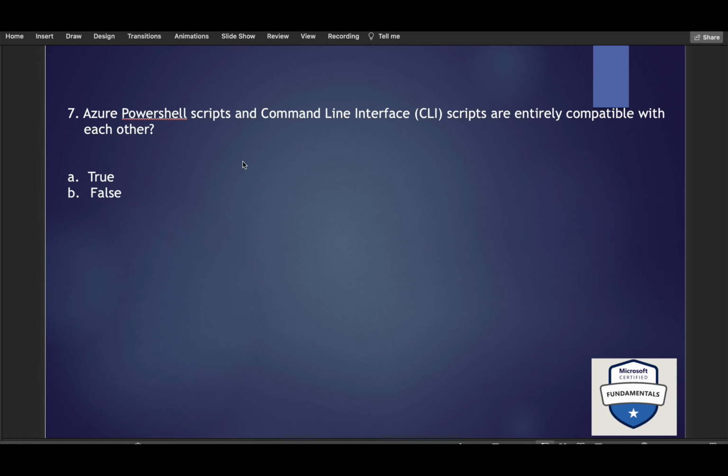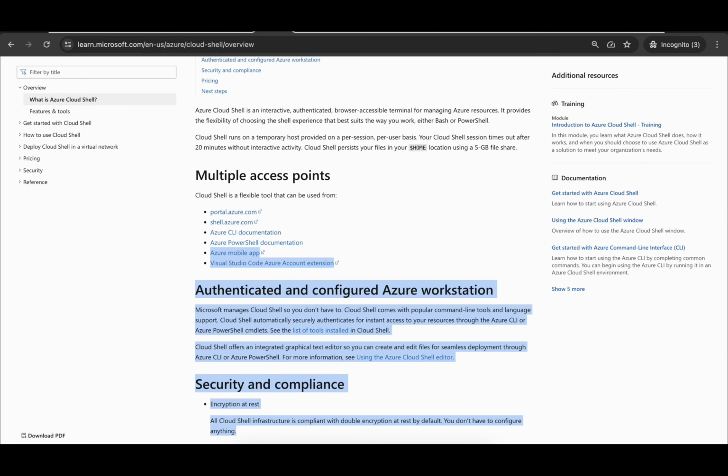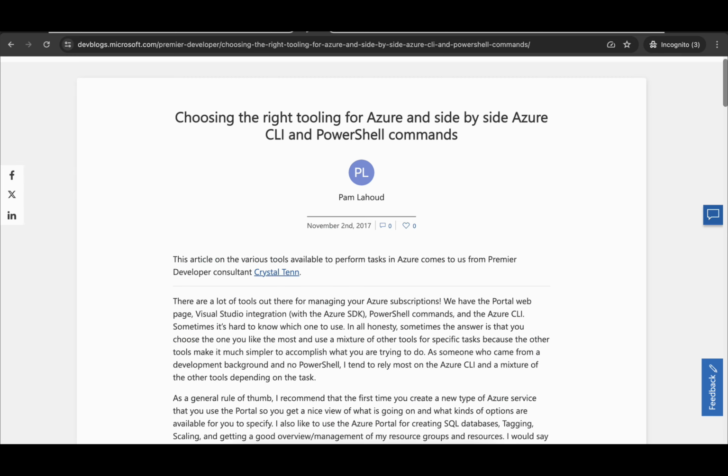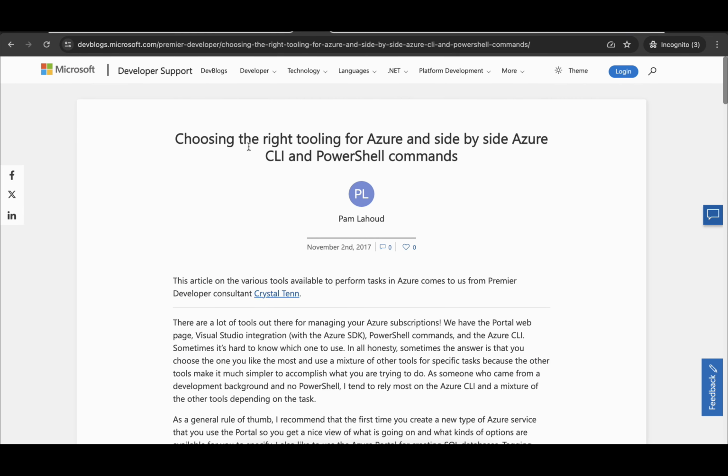Now, Azure PowerShell scripts and command line interface, that is CLI scripts, are entirely compatible with each other. No, PowerShell is its own language and it is different than CLI. So the answer is false. And you can come here and study more on this. So you have choosing the right tooling for Azure, and side-by-side Azure CLI and PowerShell commands.